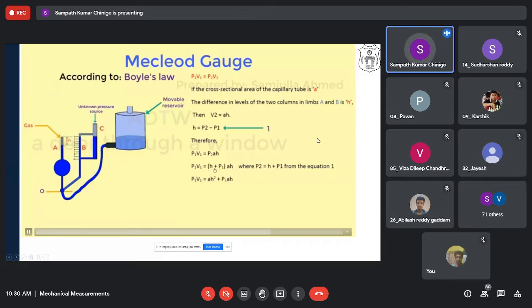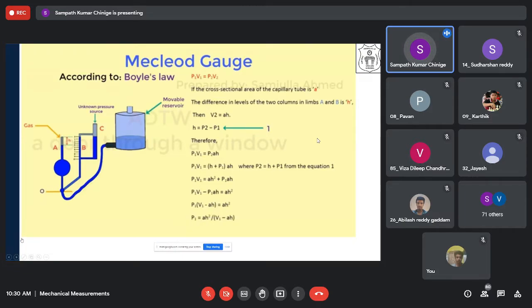If you multiply out, P1 V1 equals P1 AH plus AH square. So P1 V1 minus P1 AH, which I am writing on the left side, is equivalent to AH square. P1 is taken as common, so P1 times V1 minus AH is equivalent to AH square.